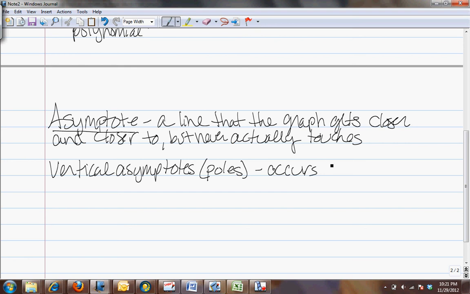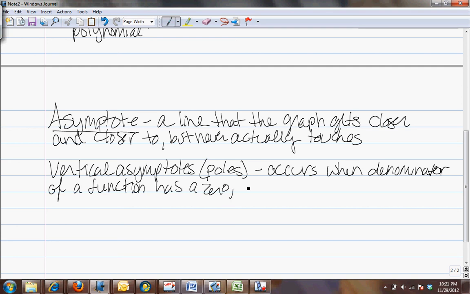So let's write that down. Occurs when the denominator of a function has a 0, but the numerator doesn't have that same 0.